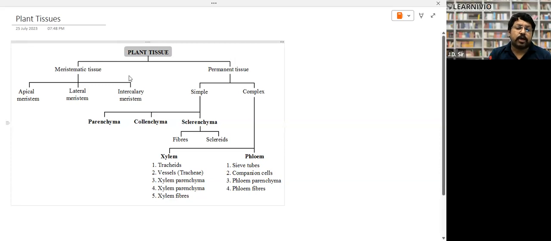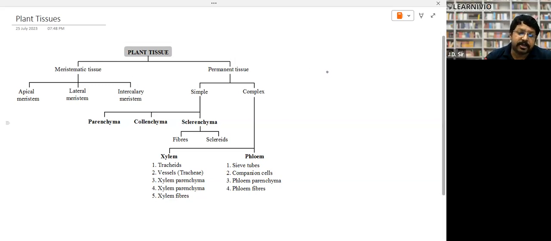So plant tissues are of two types. Try to understand. The meristematic tissues are those tissues which have the capability of division throughout their lifetime. They will always have the capability to divide, right? They are called meristematic.